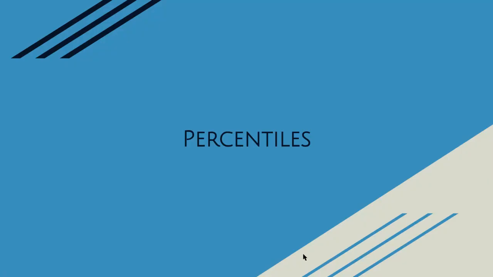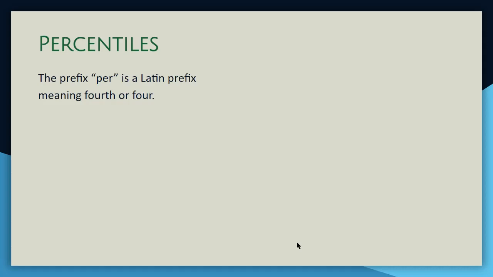Next chunk is percentiles. This is a little math heavy, and we're not going to spend a lot of time on it. So if anything I say in here is scary, try not to freak out. Percentiles are very similar to quartiles in terms of what they do to a data set. And we do have some hints from their names.